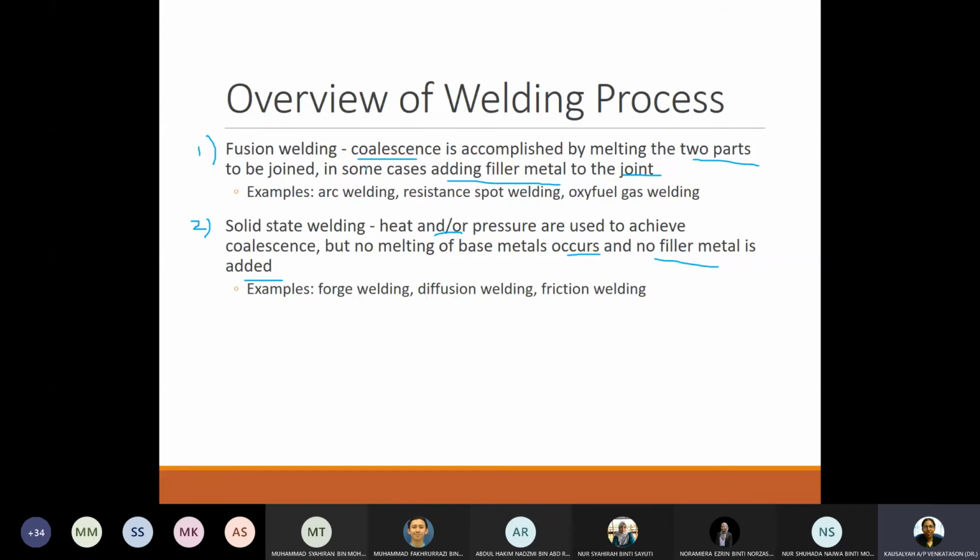In fusion, there is filler metal added, and the base metal does melt. And in solid state, the coalescence is achieved without the filler metal and no melting of the base metal. The examples are like forge welding, diffusion welding, friction welding, etc., which we will come across.